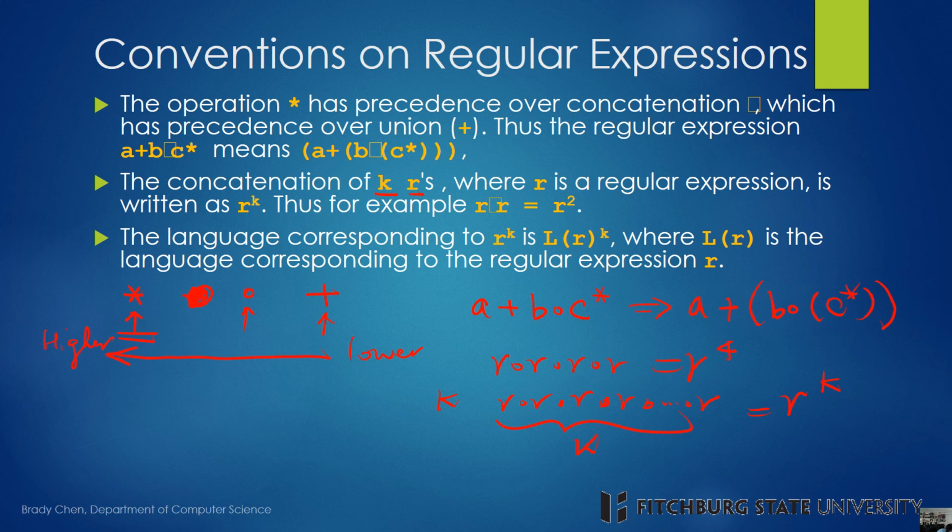And the language corresponding to R to the k is L(R) to the k. L(R) is the language corresponding to the regular expression R. So that's the convention for these three operations.